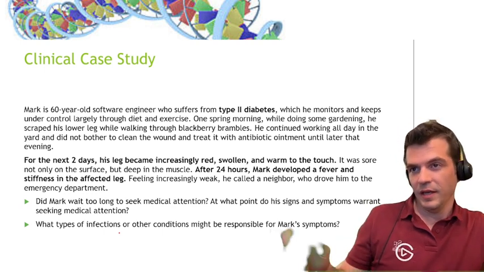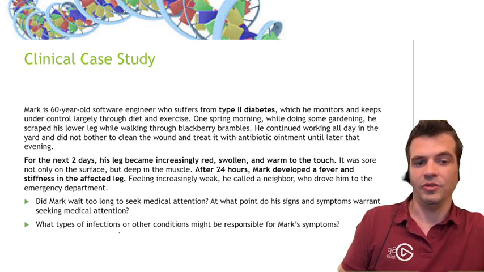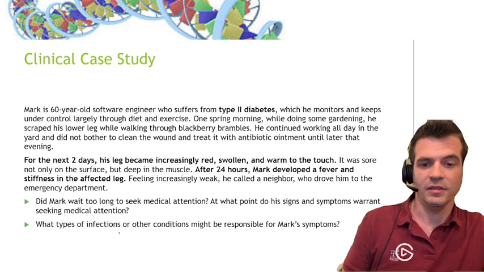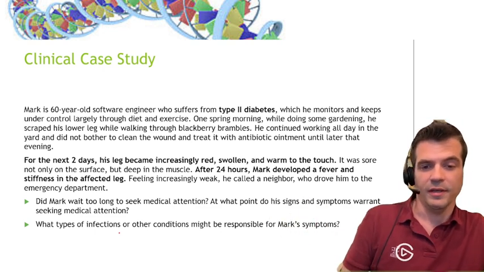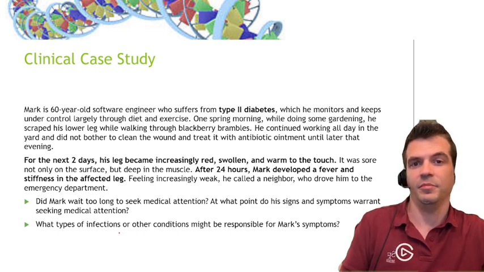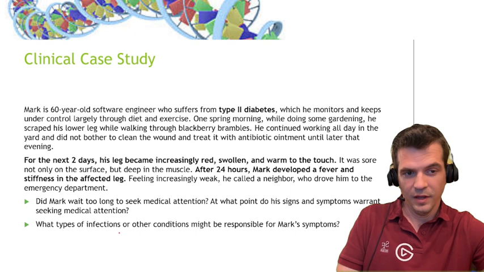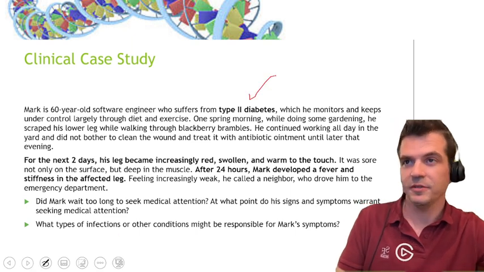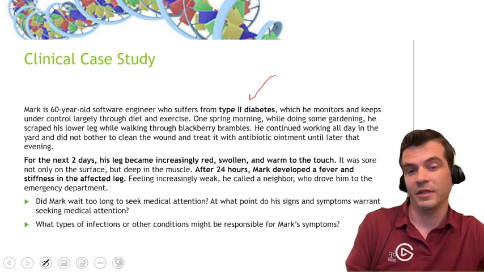Okay. Did Mark wait too long to seek medical attention? And at what point did his signs and symptoms warrant medical attention? It's hard to say, but if you have pre-existing conditions like type 2 diabetes, you might want to go and see the doctor.